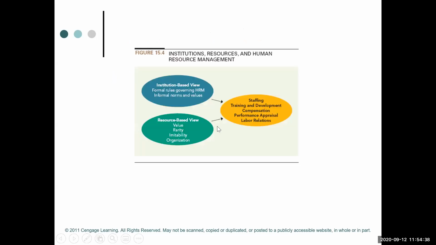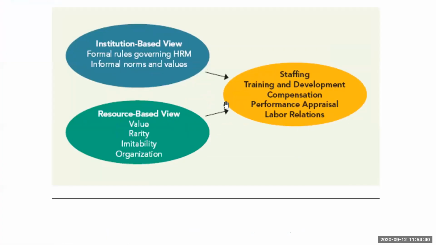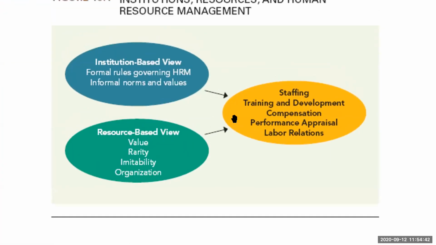Now, from our two fundamental frameworks, how do they impact these global HR management processes? So when you are in an expat country, which is a foreign country, you need to follow the norms of the particular country.